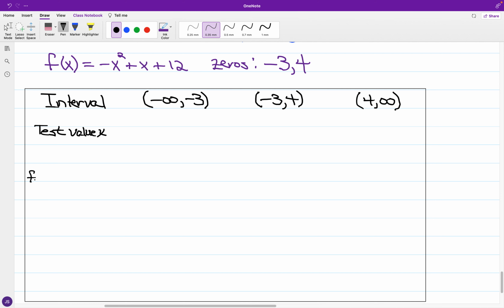Again, applying the inputs to the given polynomial function, you have -x squared plus x plus 12, and again we have the sign of f of x.